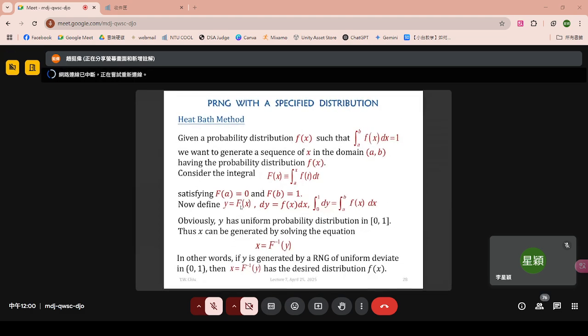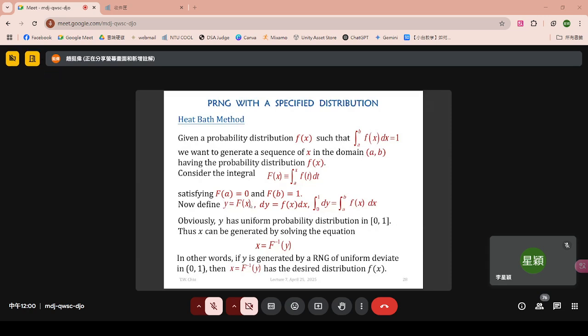Now I define the variable y equal to F(x). So differentiating, dy equals f(x) dx. It's easy, you know this from calculus.